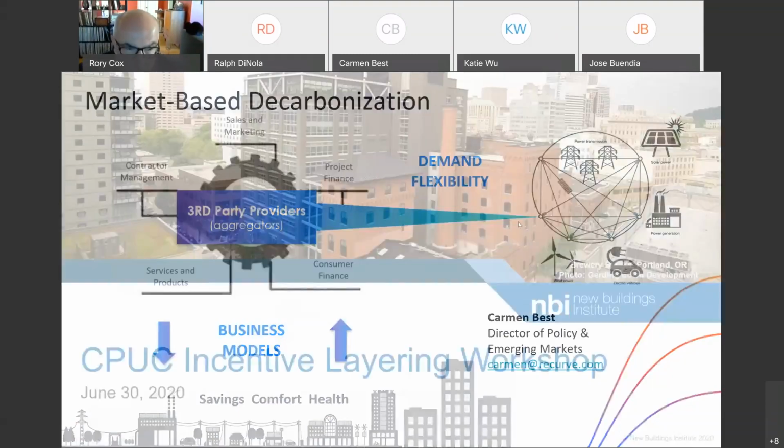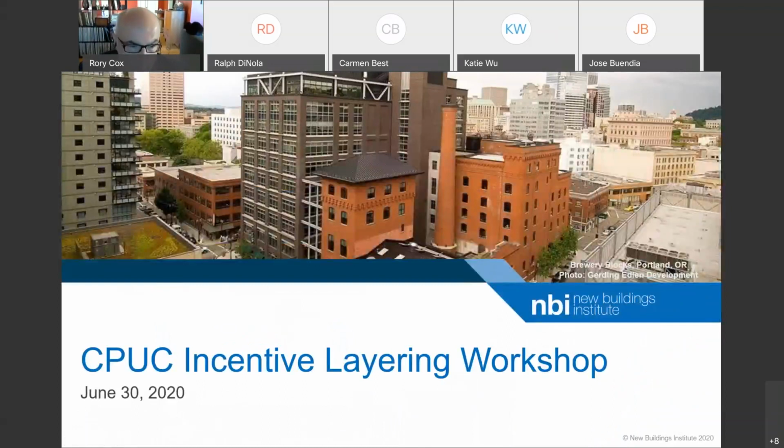Good, well presented information, and love the infographics. So next we have Ralph Dinola from the New Buildings Institute. I know Ralph has been thinking quite a bit about how to share resources and tie all this together.